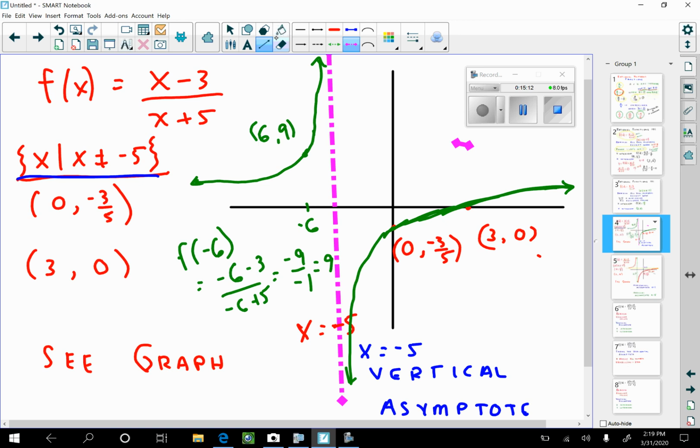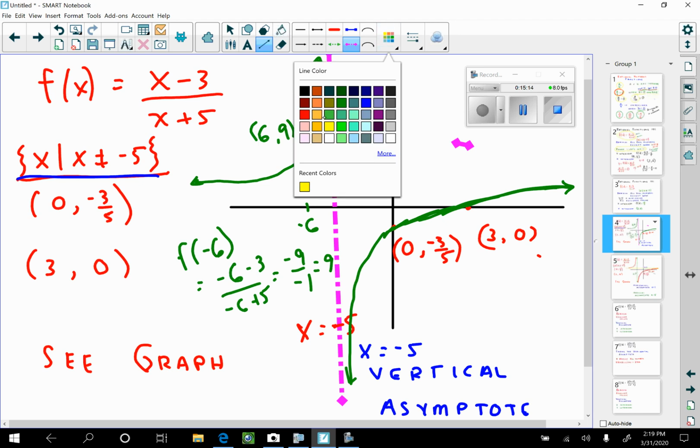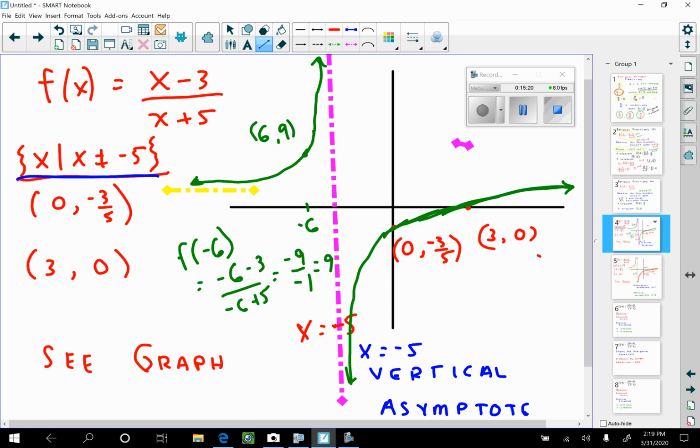This line here, I'm going to do in yellow. I'm just going to make it a dotted line. This is what the y values approach. What do we call that?